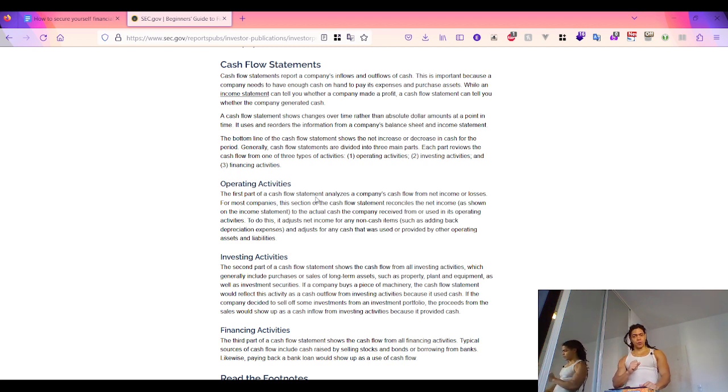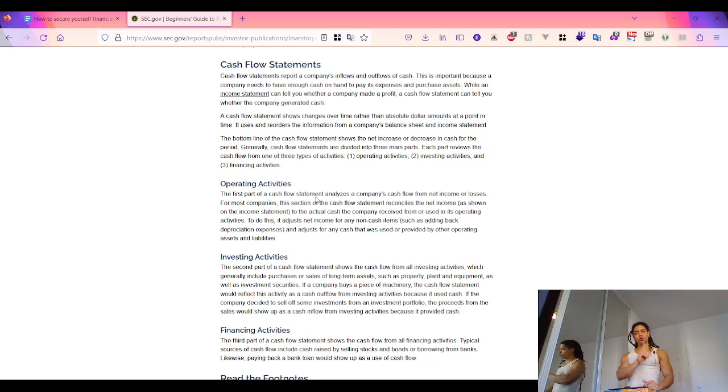There is no cash involved, but there is some value in the exchange. So that's the idea of non-cash items. There is no cash flow, so they are not cash transactions. When we say non-cash items, we mean items that affect the income statement but are not a cash transaction.